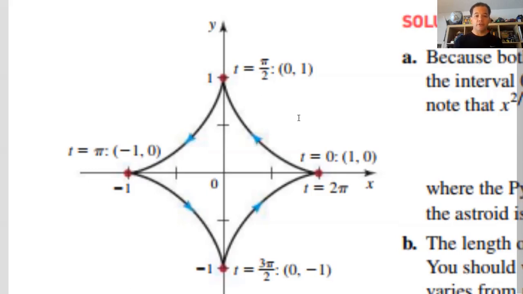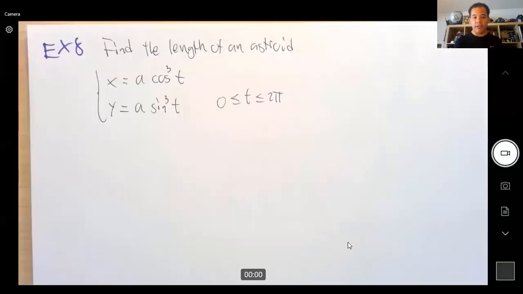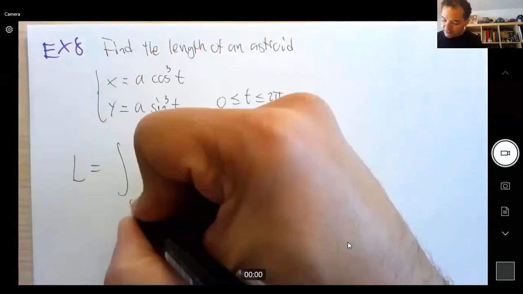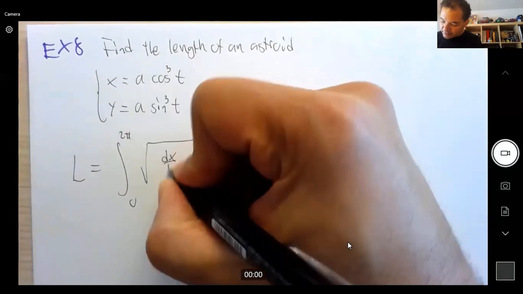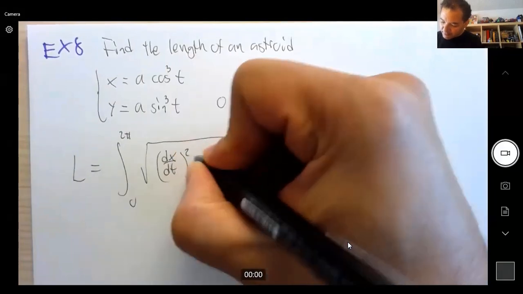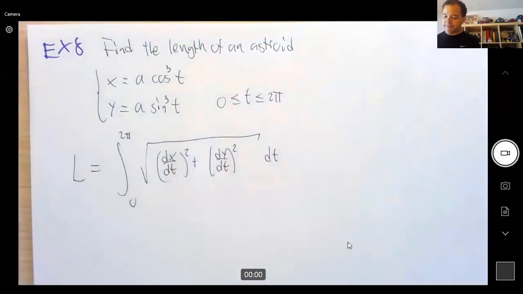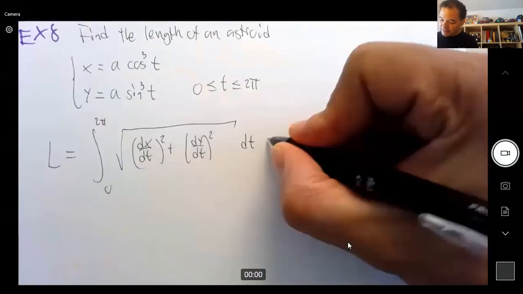All right, so just to finish today's class, let's write down what integral will be the length of this one. So here's the formula from 0 to 2 pi. It will be the derivative of x with respect to t squared plus the derivative of y with respect to t squared. So all we need to do is figure out what these two derivatives are.